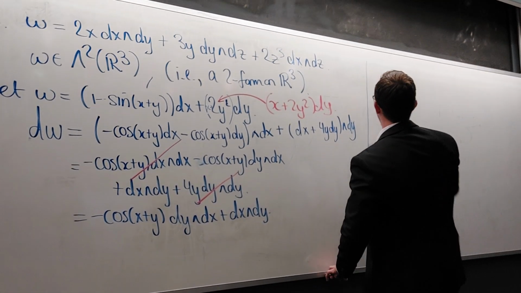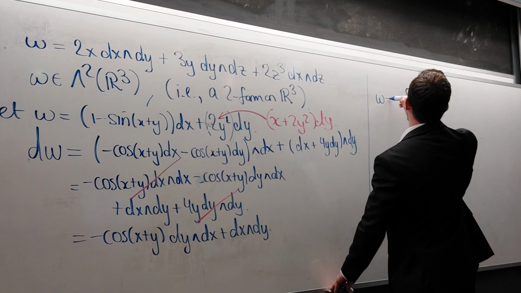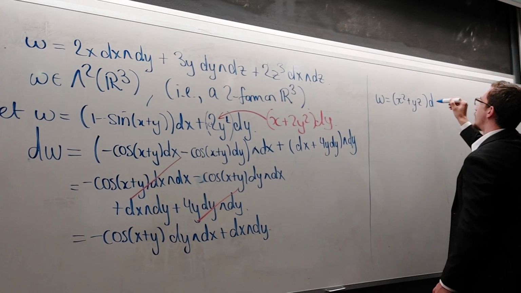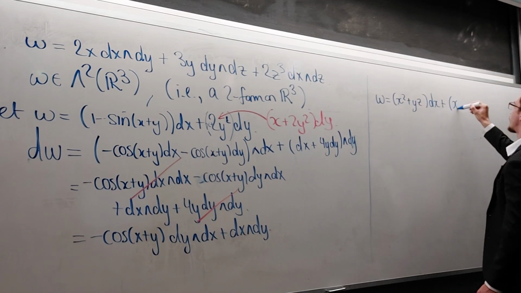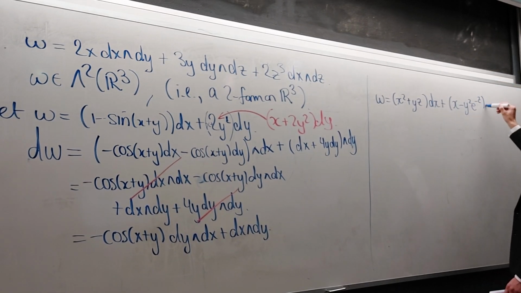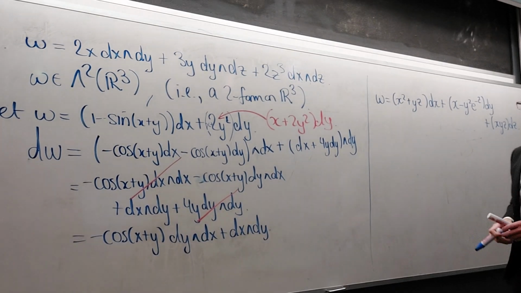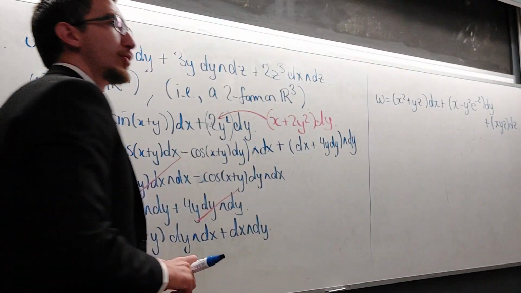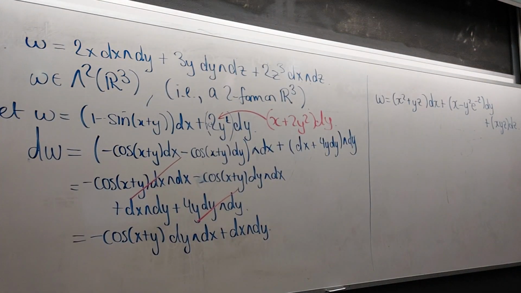Let's take omega is x squared plus yz dx plus x minus y squared e to the minus z dy plus xyz. Is that a one form, a two form, a three form, integral? What is it? It's a one form.